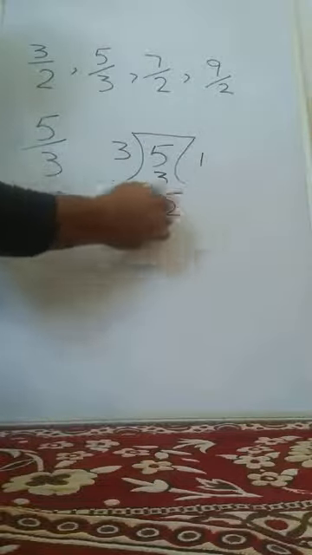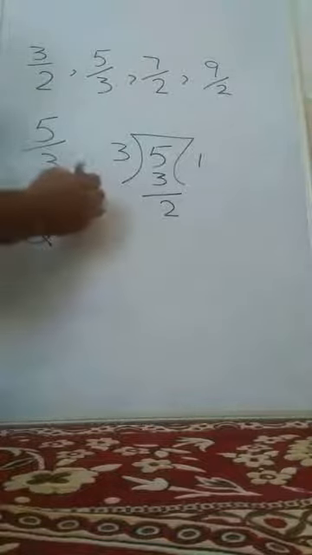We have 5 by 3. Let us convert it to a mixed fraction. 5 divided by 3. 3 ones are 3, 3 twos are 6. 5 minus 3 equals 2. Use the same formula.